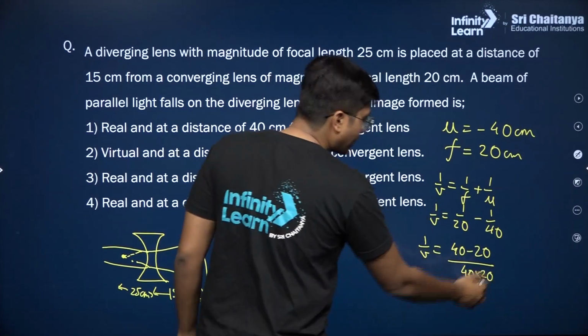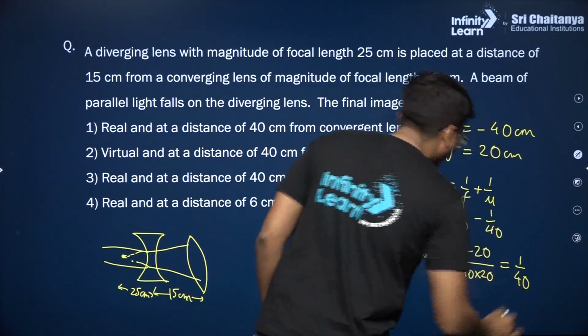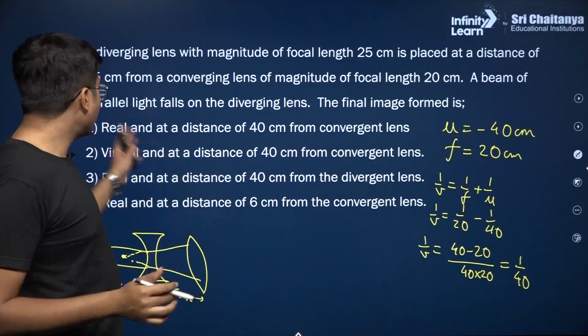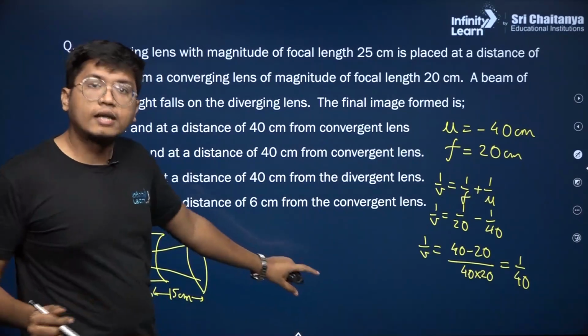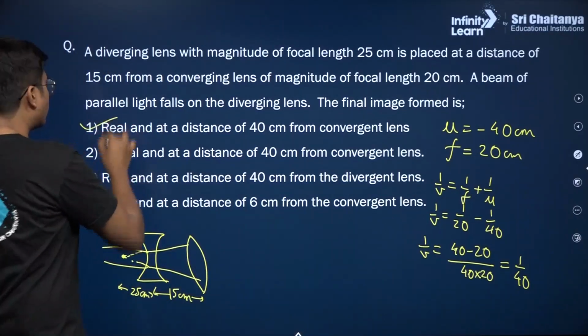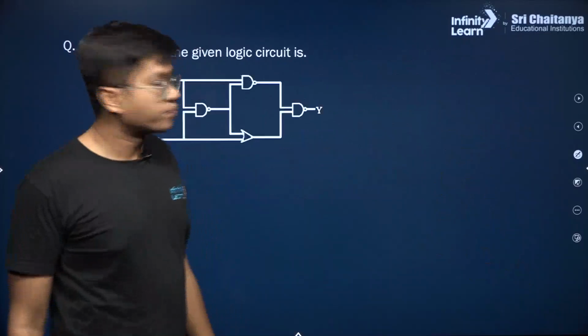This is going to give you 20, that's going to cancel out with this. You would just have 1 by 40. So your v is equal to 40 centimeter, and it will be a real image because it will be formed on the other side, since the v value we got is positive. So our correct option is option 1. It's real, at a distance of 40 centimeter from the convergent lens.